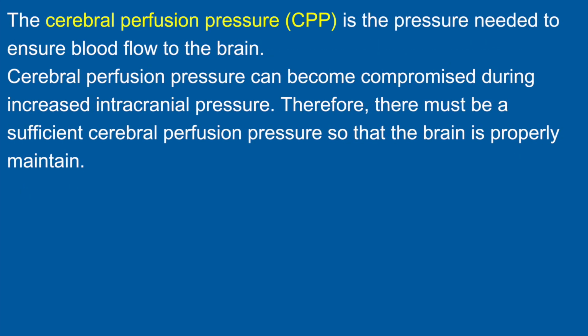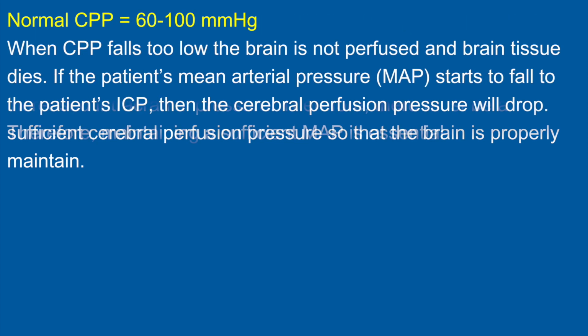The cerebral perfusion pressure is the pressure needed to ensure blood flow to the brain. Cerebral perfusion pressure can become compromised during increased intracranial pressure. Therefore, there must be a sufficient cerebral perfusion pressure so that the brain is properly maintained.